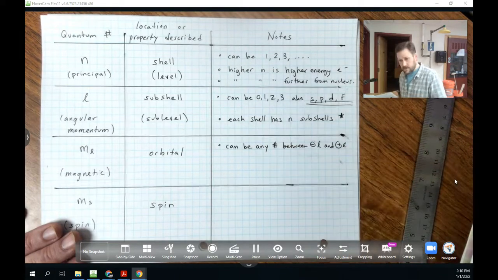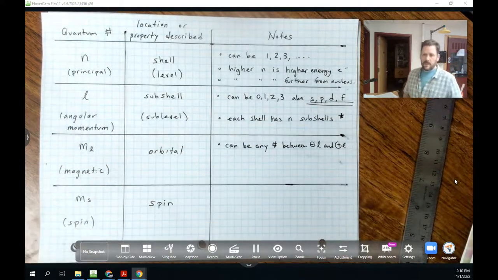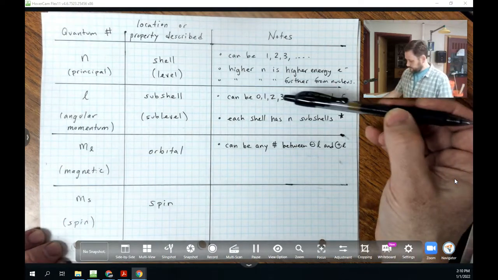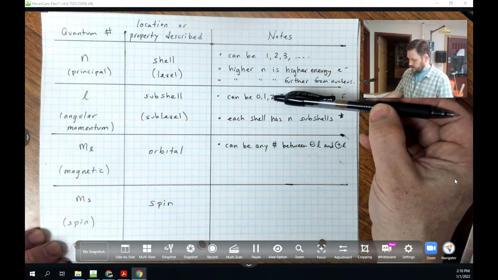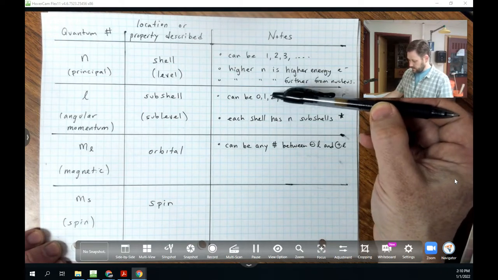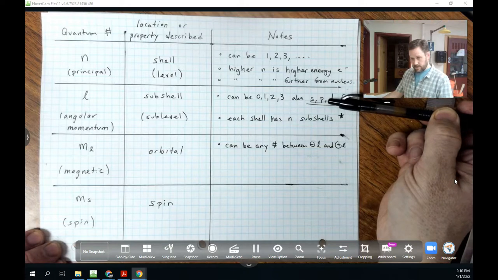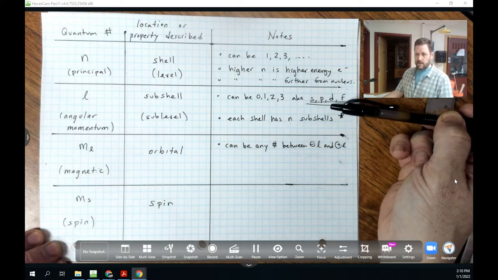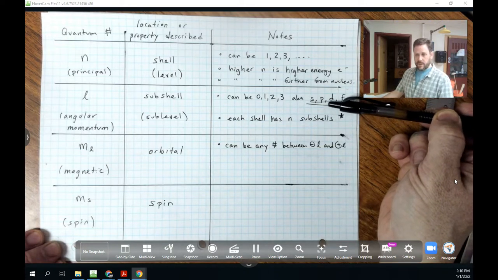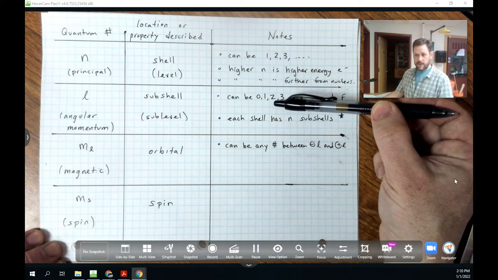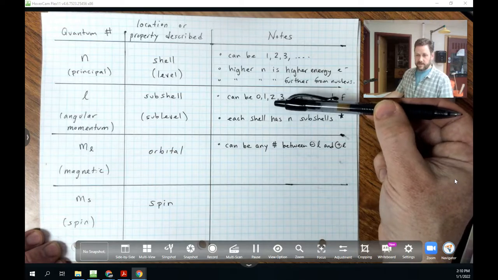So, for instance, if we're talking about the number 2 angular momentum quantum number, in other words, the d subshell, then the magnetic quantum number can be -2, -1, 0, +1, or +2. That's 5 different values.